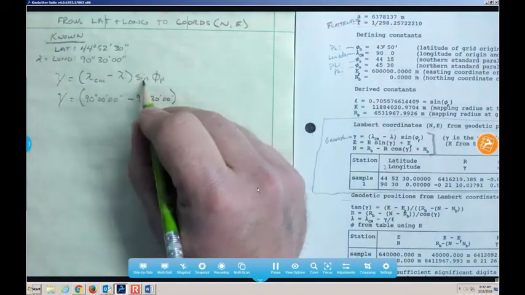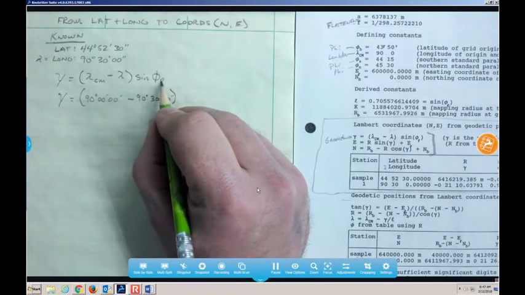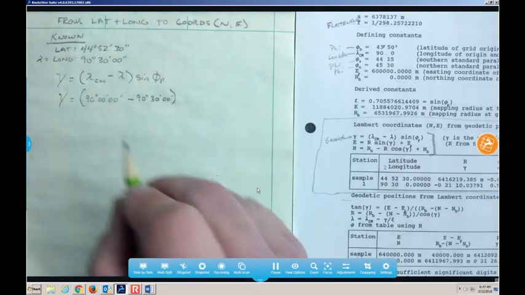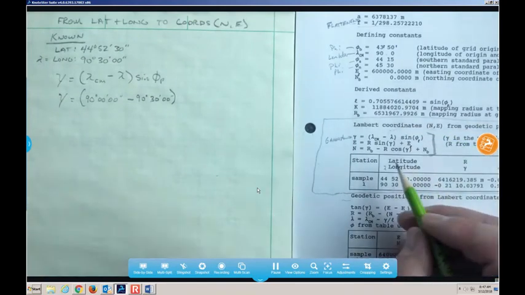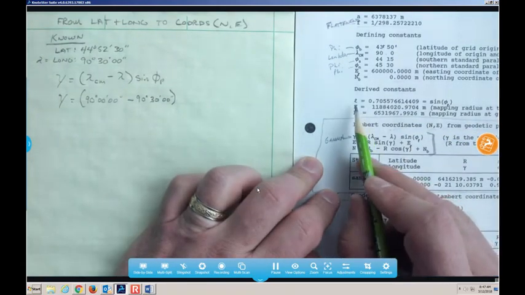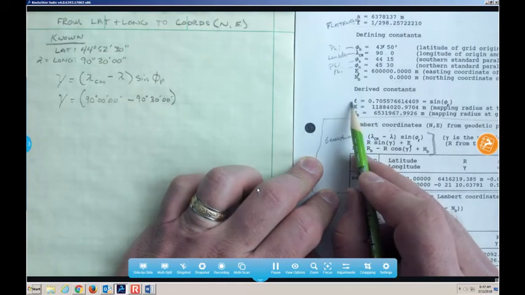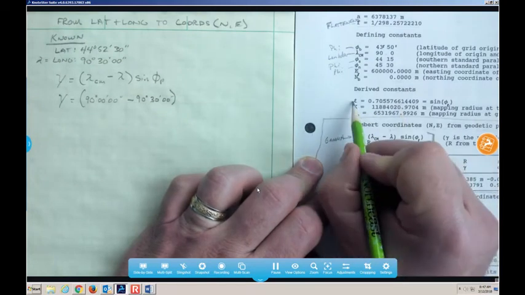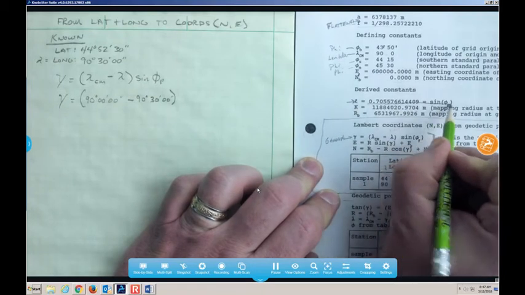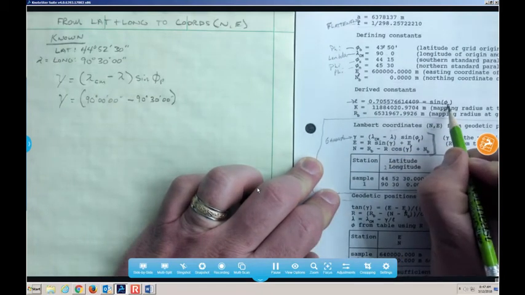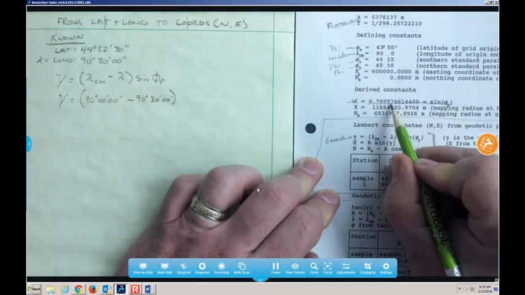And then we multiply it by the sine of phi r. Well, where is phi r in here? If we look right here, it tells us that this value is equal to the sine of phi r. So it's a constant. They already figured that out for us.